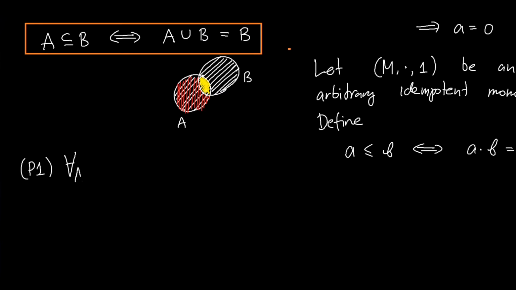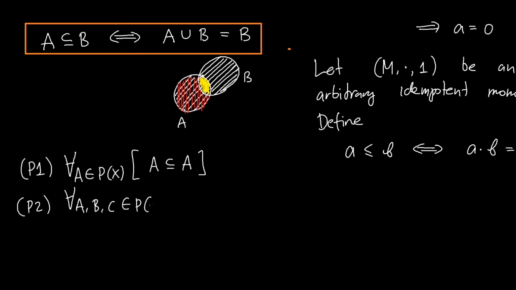So for every element of the power set of X, A is a subset of A. This is called reflexivity. And then we also have something called transitivity, which says that for every A, B, and C, A being a subset of B, and that being a subset of C, implies A is a subset of C.